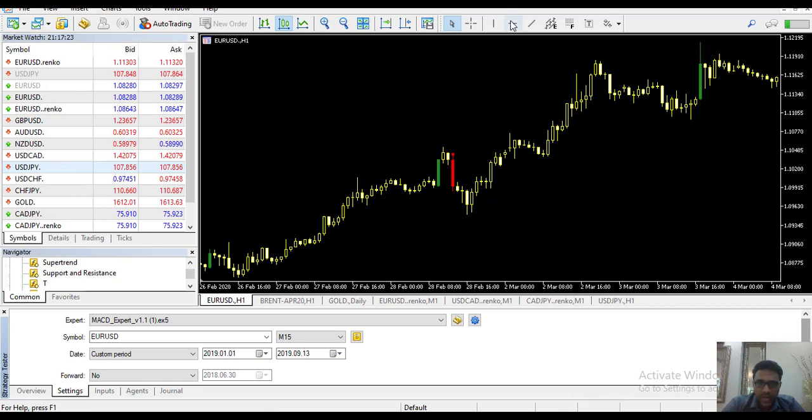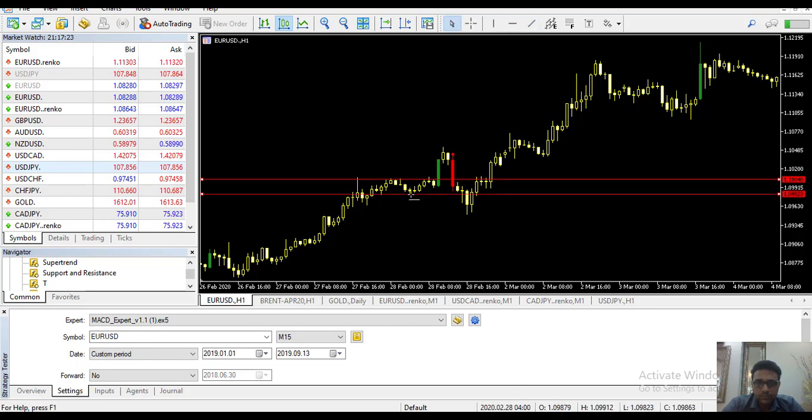So your range was here at this area, right? This area. The price went up from here, then it came down, and then it went a little bit up, and then it came crashing down.